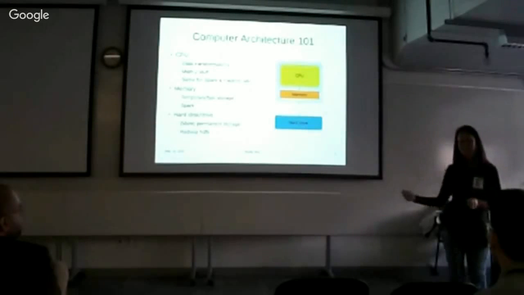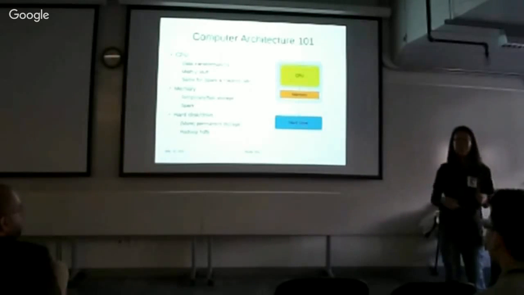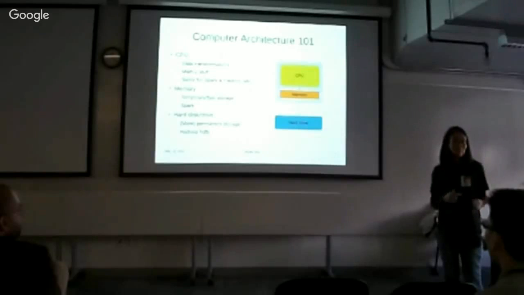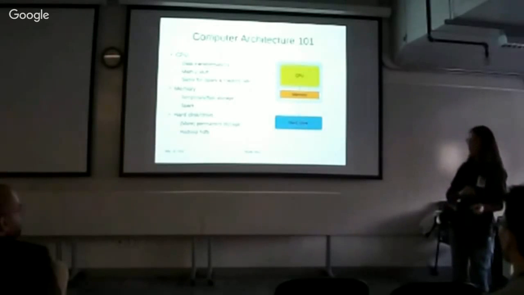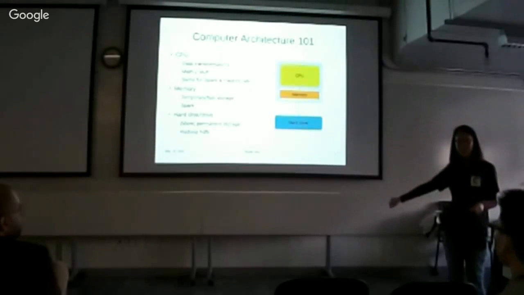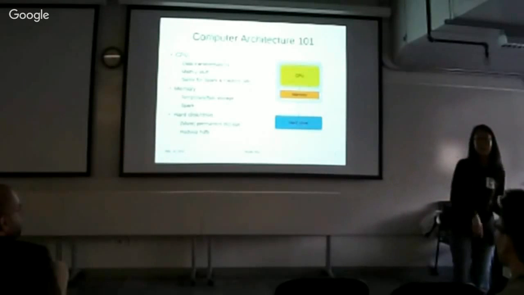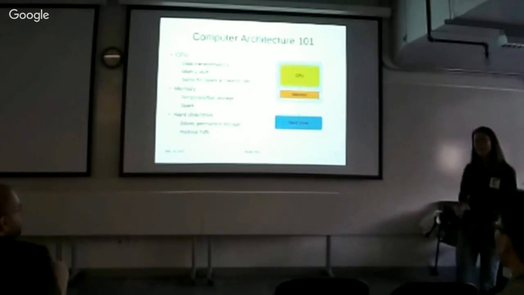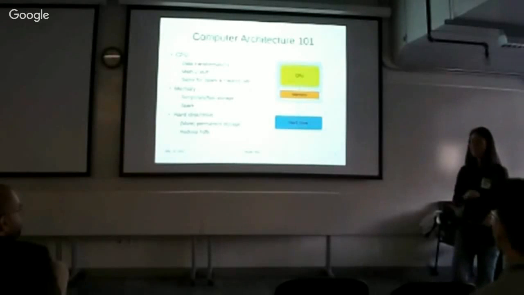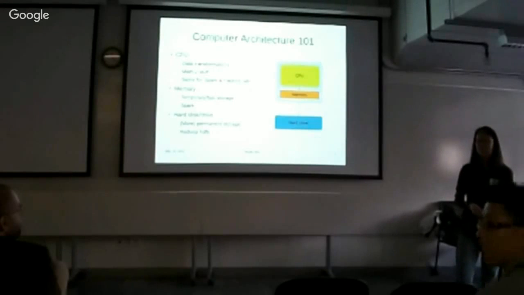It has to go through another path all the way out. So when you're on Hadoop and you're trying to do a Hadoop MapReduce, it actually has to bring that data back into memory, and then the CPU does something to it, puts it back in memory, and then goes back out to the hard disk. And so that's the biggest differentiator between Hadoop and Spark, is where that data is.